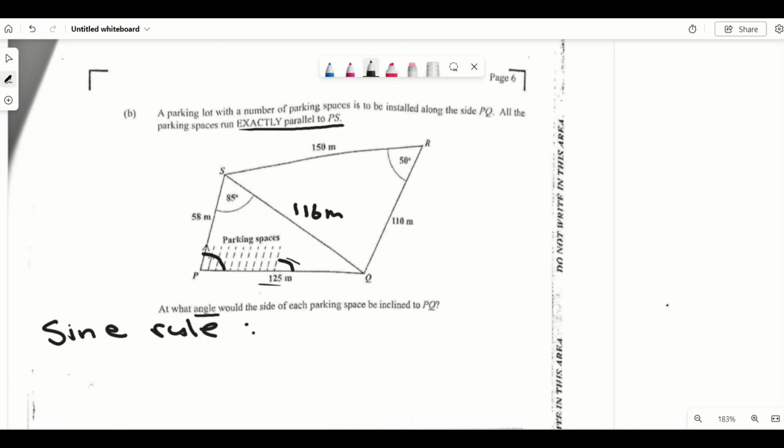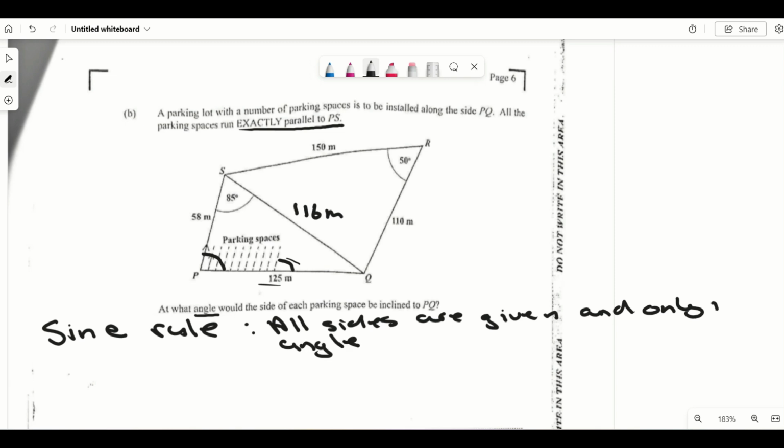This is used when all sides are given, right? And only one angle needs to be found. So that all sides are given, one angle needs to be found, and one angle is given.